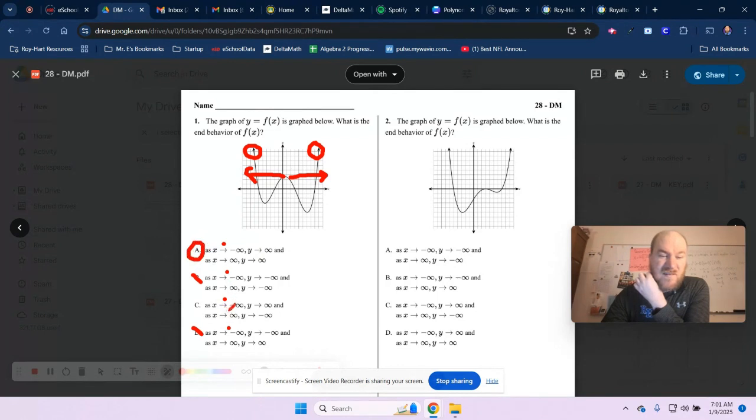Choice C says as x goes to the right, y goes down. So we know it's not choice C. So question number 1 is A. So when they give you a graph, all you have to do is just find the choice that matches the proper directions and just look at the arrows and make sure you're doing left and right as x and up and down as y.